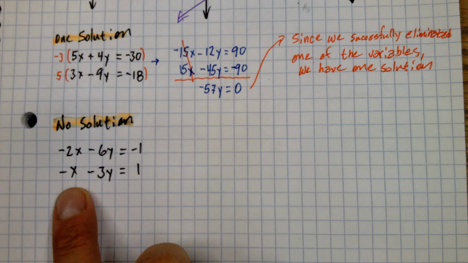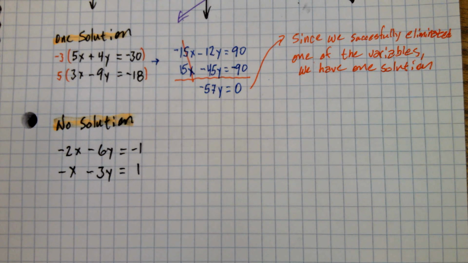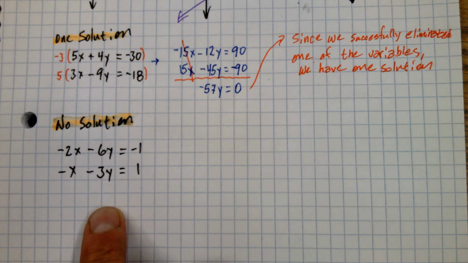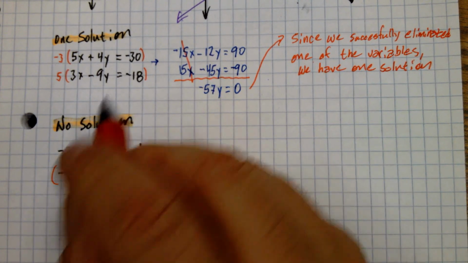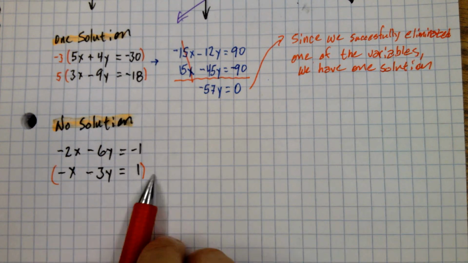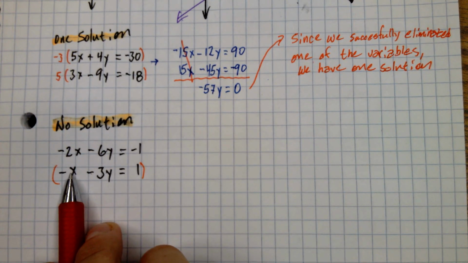So we can either get rid of x's or y's. Again, which one is the least work to do? X. If I want to get rid of x, I would multiply this bottom equation with something that would give me a positive 2.